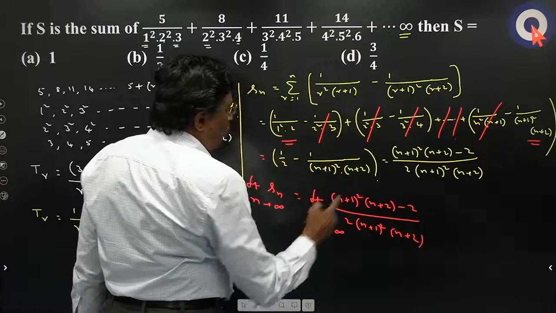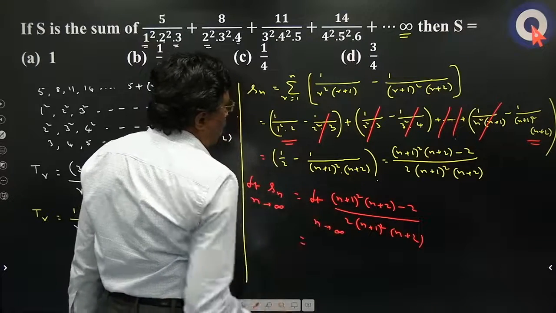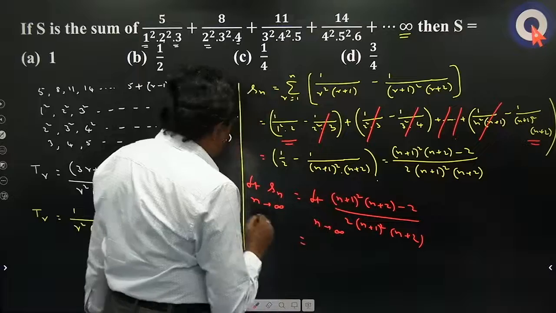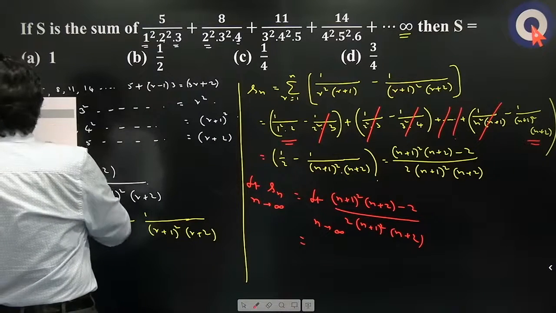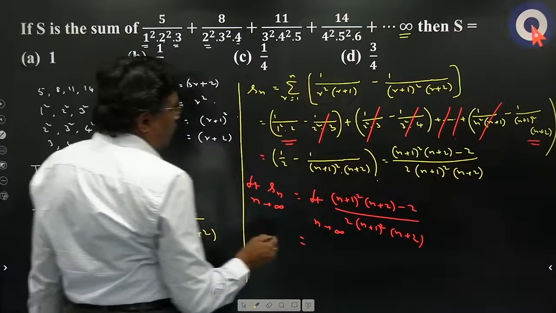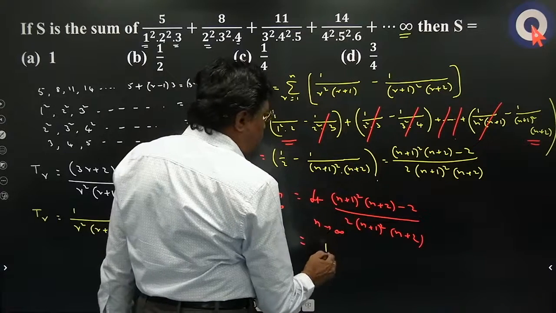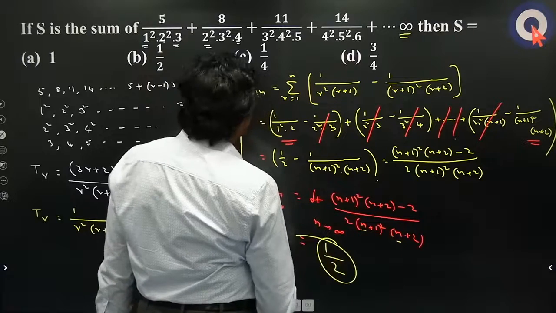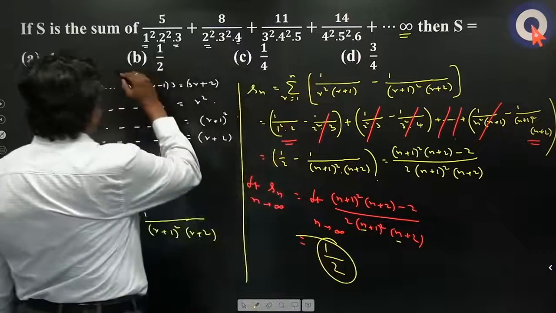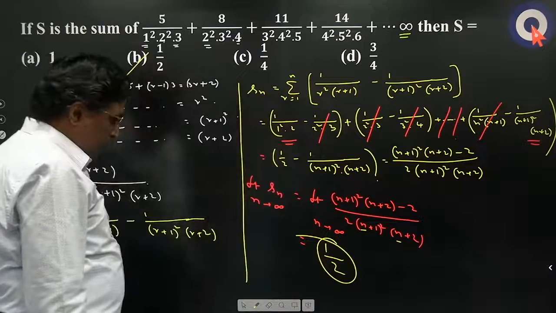So it is polynomial by polynomial of the same degree. So the answer is leading coefficient by leading coefficient, as in limits you have done several times. Therefore, the n cube coefficient here is 1 and here the n cube coefficient is 2. So the sum to infinite number of terms is 1 by 2 and therefore B is the correct answer.